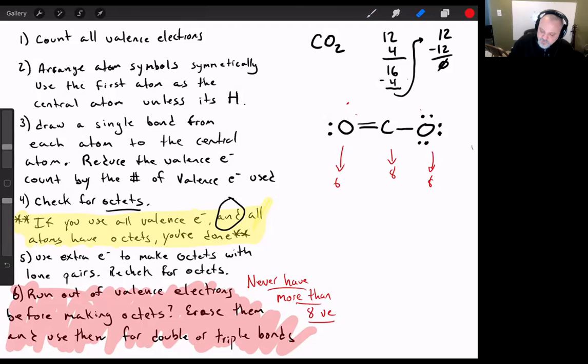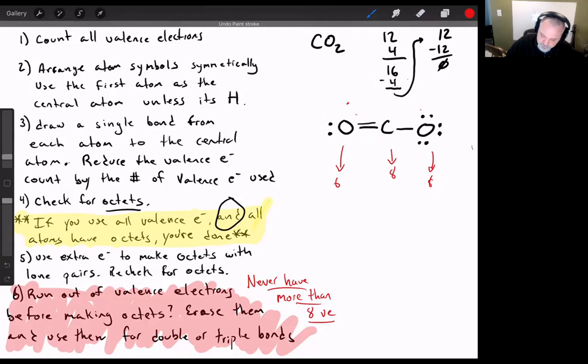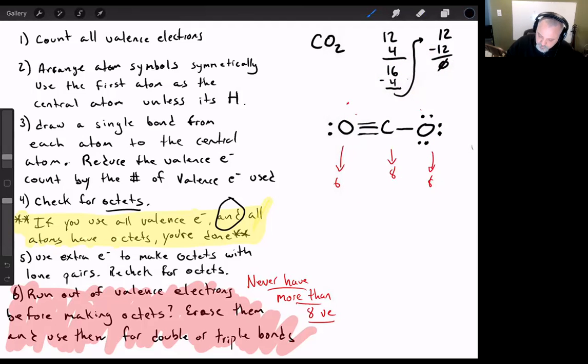Does this work? Oh. This one actually does work, but there's a problem with it. Carbon has 8, oxygen has 8 on the right, and oxygen has 8 now on the left.